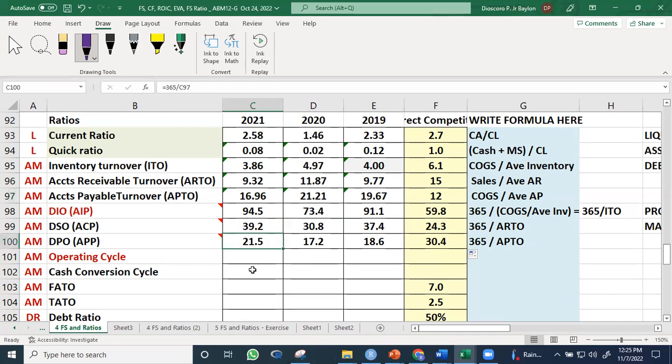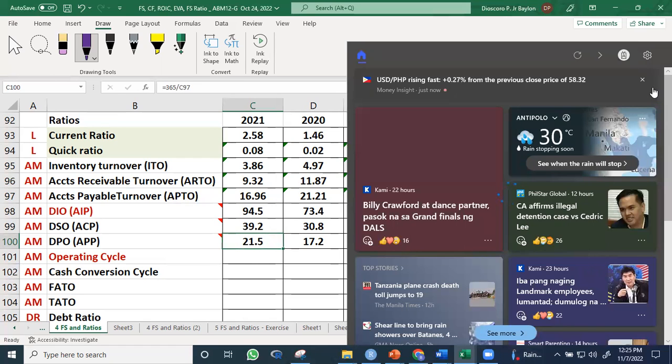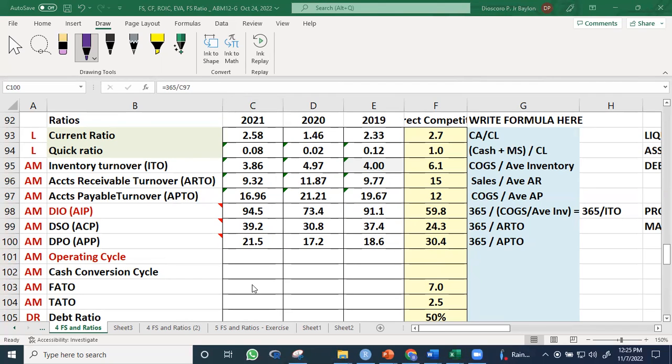Tingnan nyo to. Ito, in 21 days, dapat nakabayad na tayo. Si competitor, in 30 days. So bakit ganun? Kasi mas longer yung term na binibigay sa kanila. Right? Sa atin, siguro may record tayo na hindi maganda yung pagbayad natin. So what happens is that, okay, mas konti yung binibigay na terms sa atin, no?